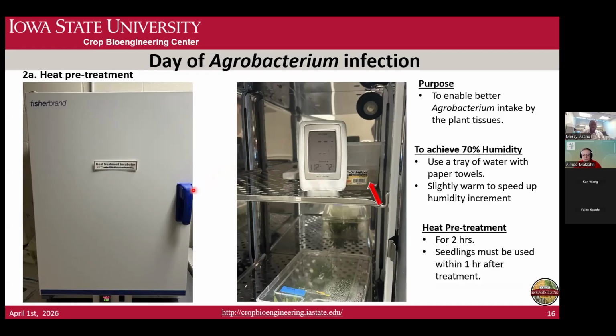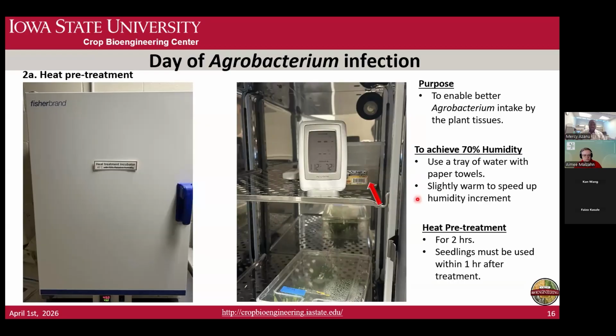As you can see in our lab, we use a Fisher brand incubator, which does not come with an optimized humidity system. So to get the required humidity, we use a tray, put some paper towels in that tray, and then add water, and we know that after 1 hour or 1 hour and 20 minutes, we get the required relative humidity.